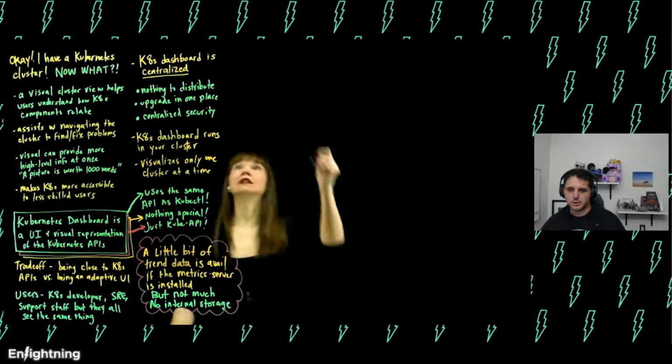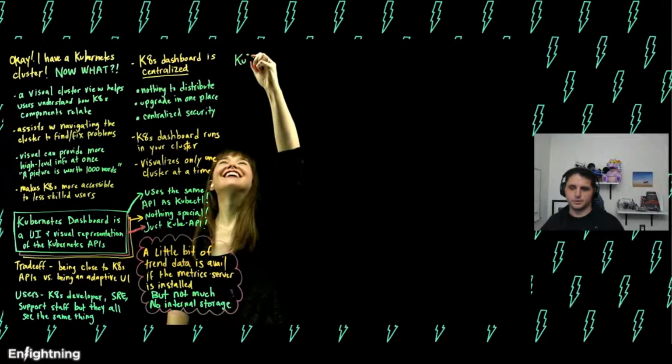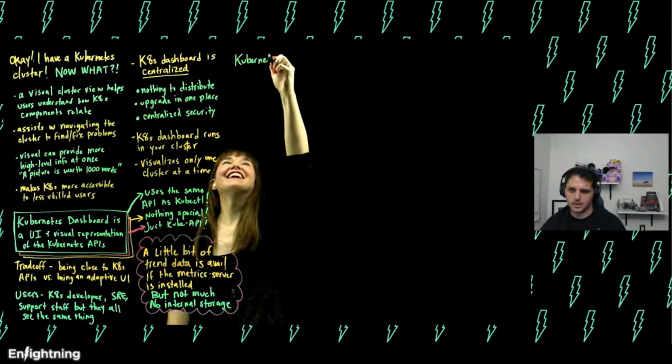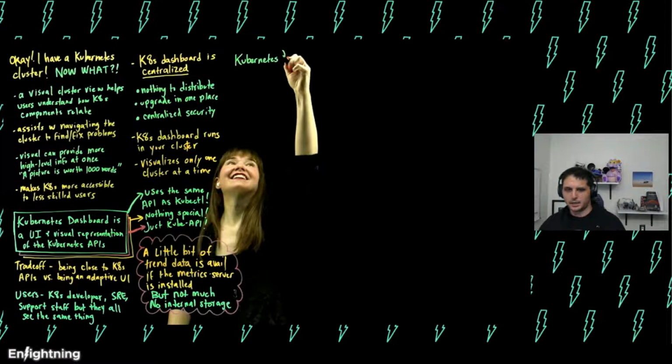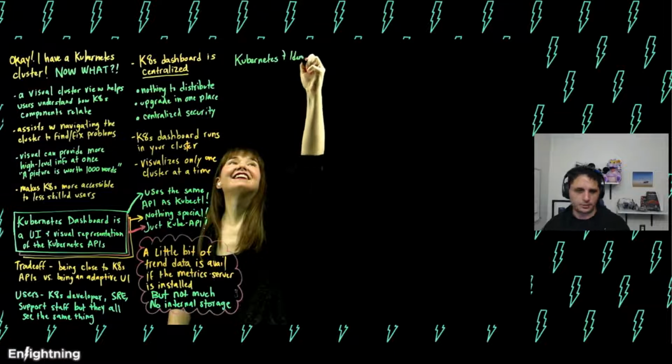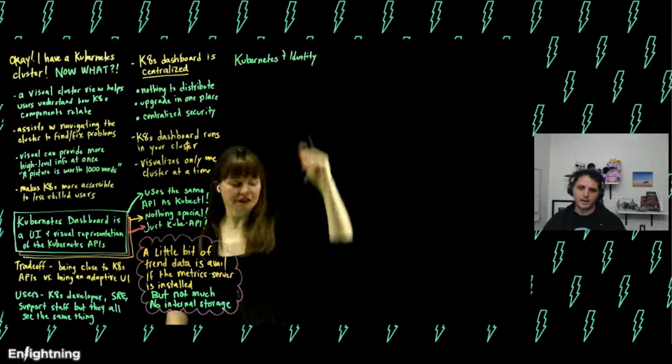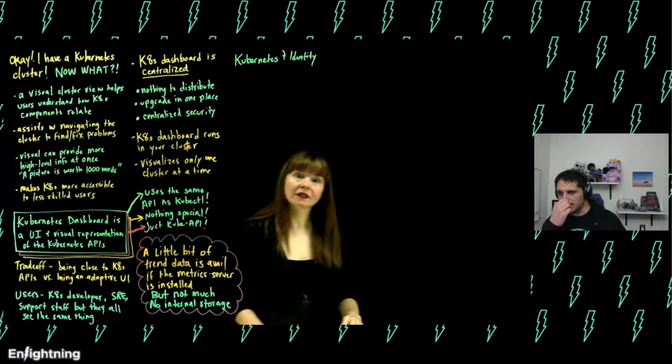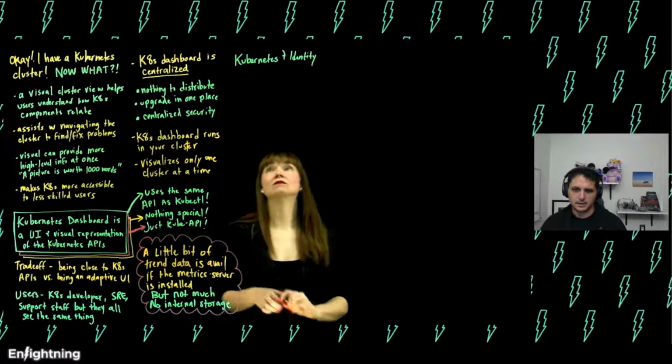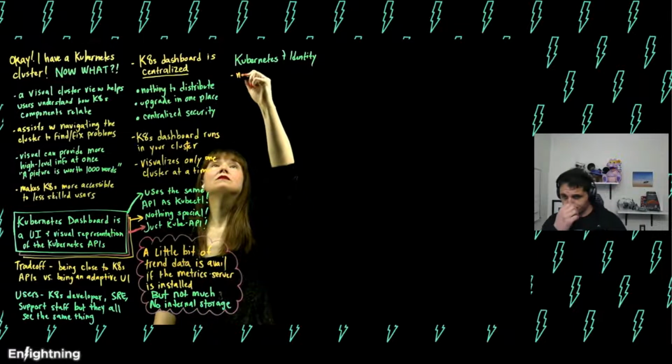Just like in the Matrix, there is no spoon. There are no users in Kubernetes, right? There's no object called a user. There is no object called a group, even though inside of RBAC you reference users and groups. And you have to assert that identity from some outside source.